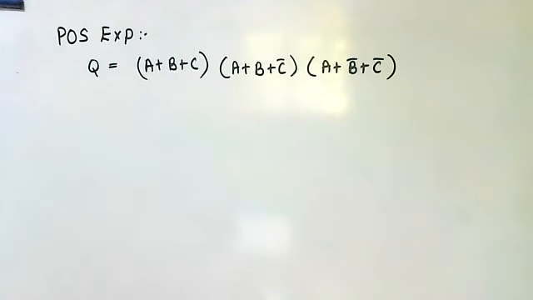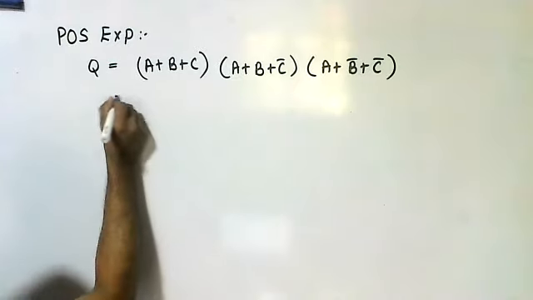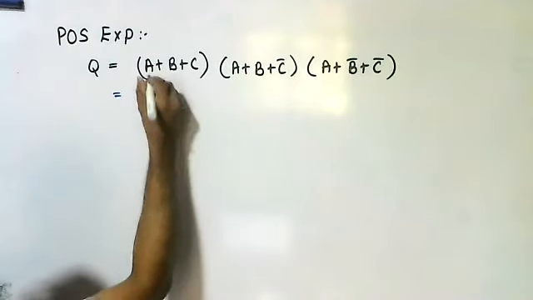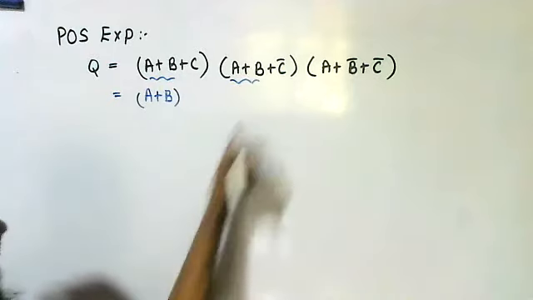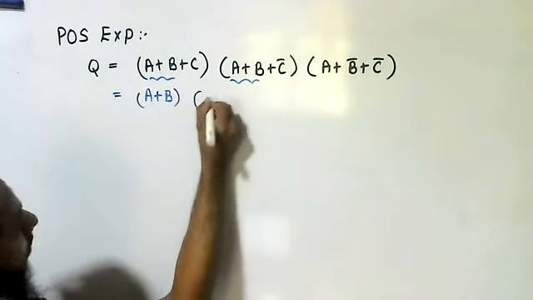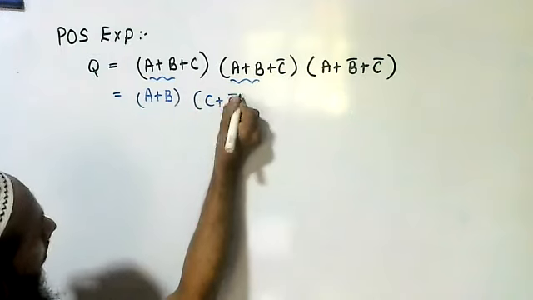Here we can consider A plus B as common. So A plus B, we'll take this part as common. Then within brackets, C plus C bar is there.